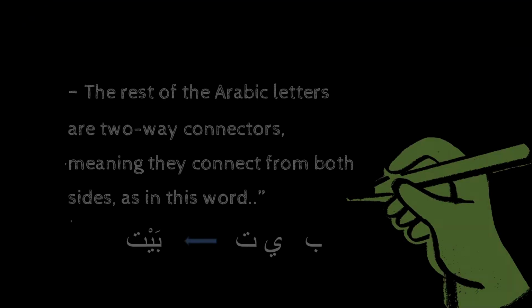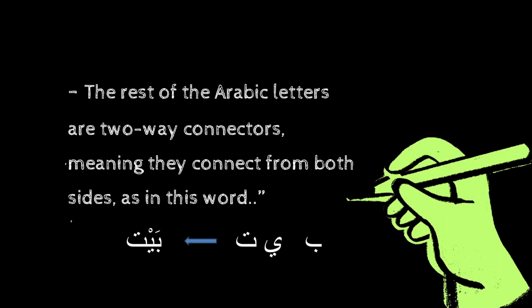The rest of the Arabic letters are two-way connectors, which means that they are going to be connected from both sides. For example, we have this word here. I know you don't know all of the letters yet, but the first letter is ba, the second letter is ya, and then we have ta.